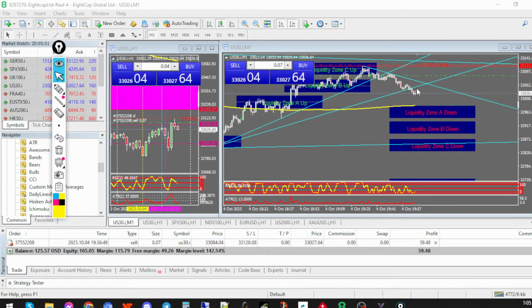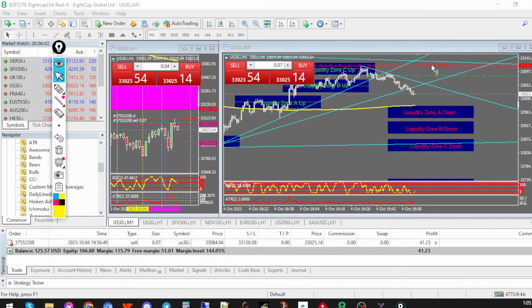We broke down from this trend line, right? So I'm going to try to move. I'm thinking, is it the right time to move to break even or not? We do have a correction here, breakdown.